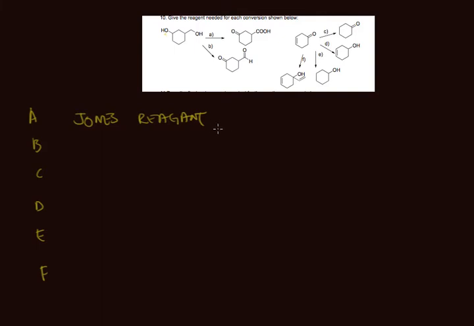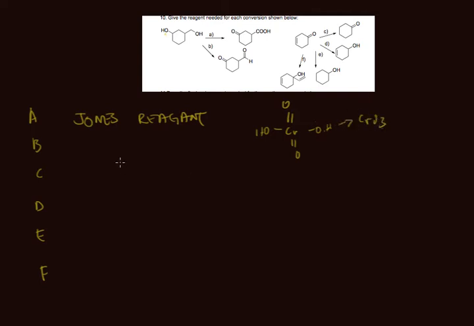When you see the answers posted as CrO3, that chromate, or Na2Cr2O7 or K2Cr2O7 plus H2O plus H2SO4, that's known as Jones reagent, and you're forming this guy right here so that you can form CrO3.